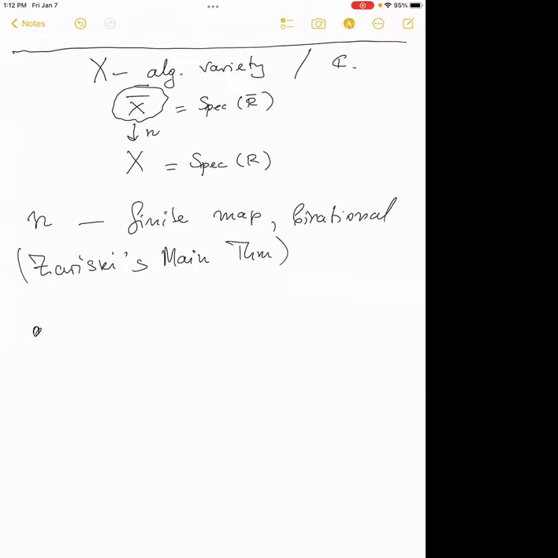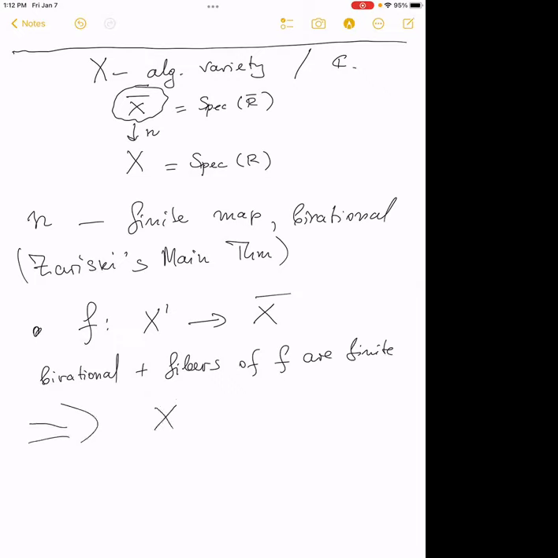So if we have a morphism from some other algebraic variety to X bar, which is birational, meaning generically an isomorphism, and the fibers of F are finite, then this X bar is isomorphic to an open set of the normalization.